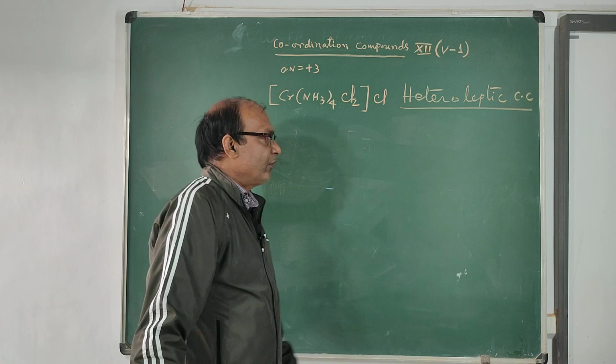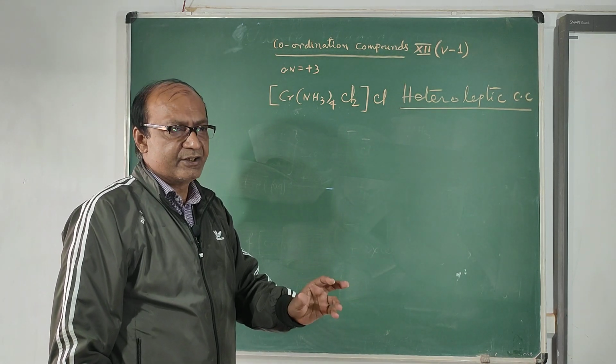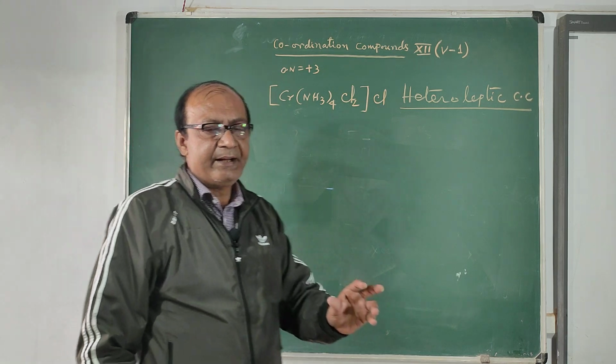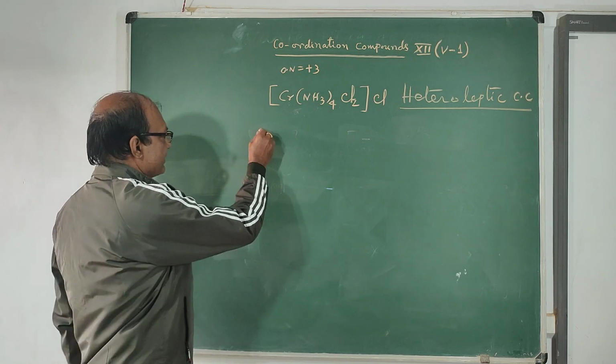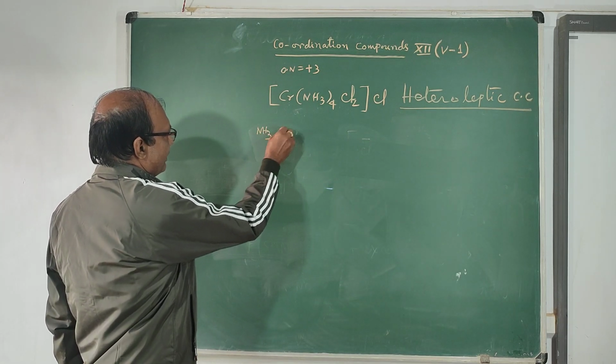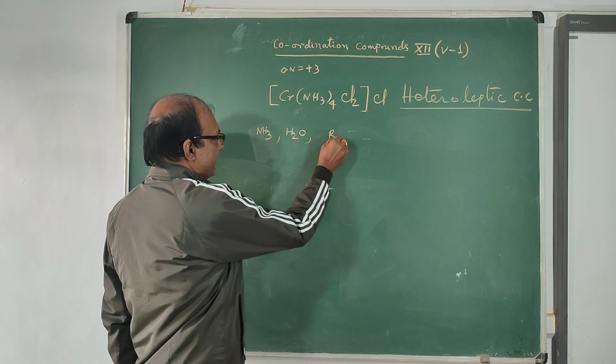So what is necessary for you? You must know the ligands which are bidentate, tridentate like this. Monodentate, many monodentate ligands like ammonia, which is neutral, water, these are neutral, amides.